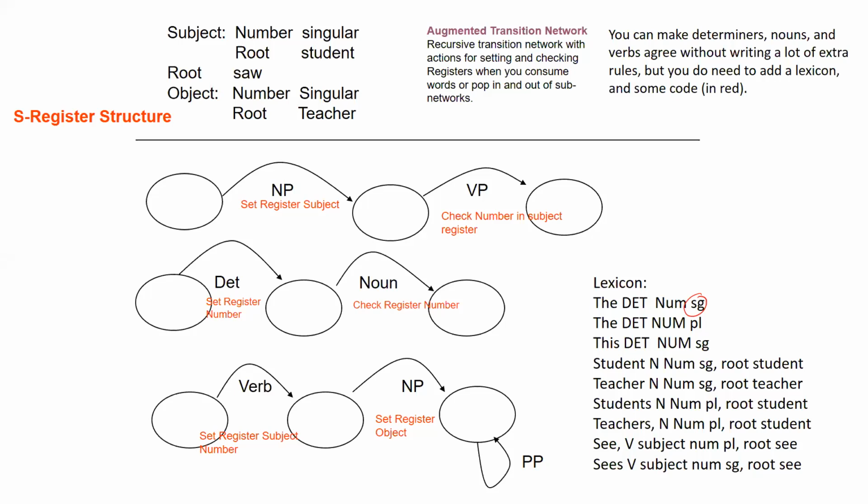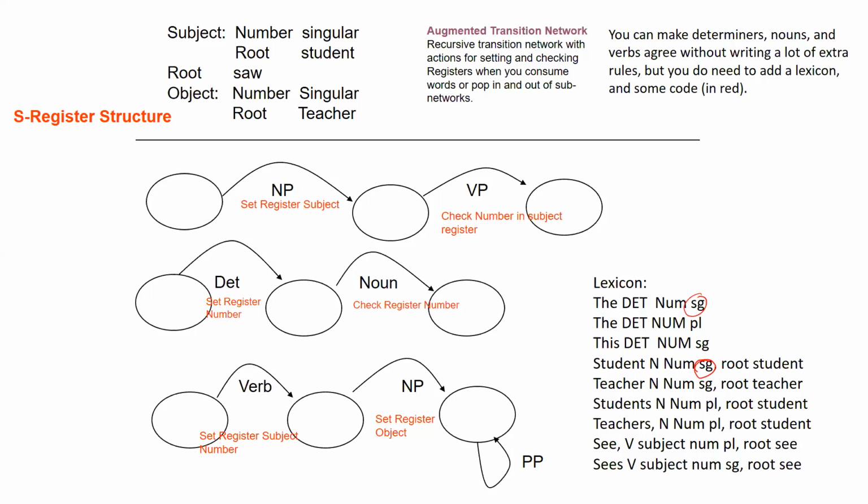And you record that in one of these registers, that this determiner has number singular. And then when you read the noun, student, you check its number, and a piece of code tells you that the noun and the determiner have to have the same number.